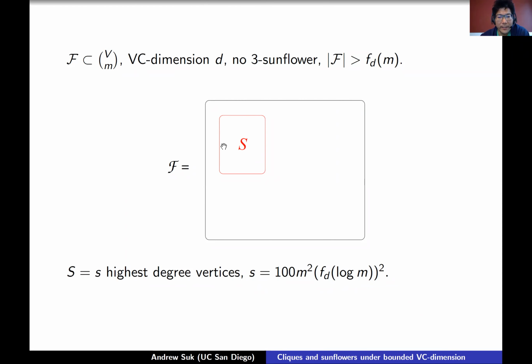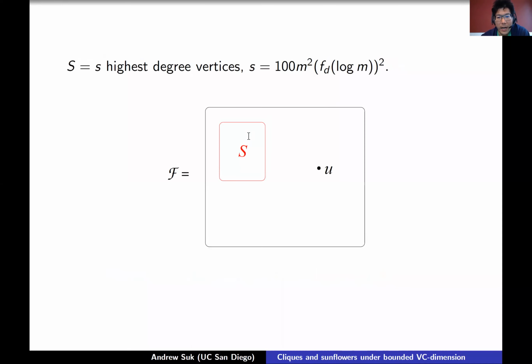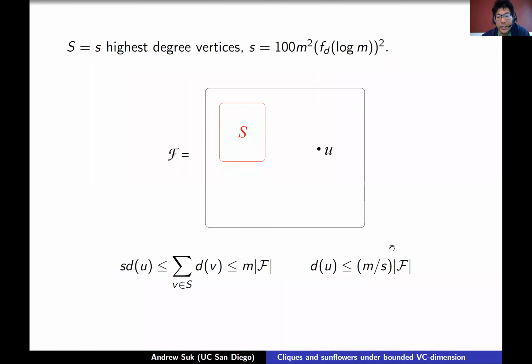Now that I've collected the s highest degree vertices over here, I can conclude that every vertex outside of S has a degree at most this quantity over here. And this can be seen just by double counting, because we know if we sum up the degrees of every vertex in our set system, since it's m uniform, it's exactly m times the number of sets.